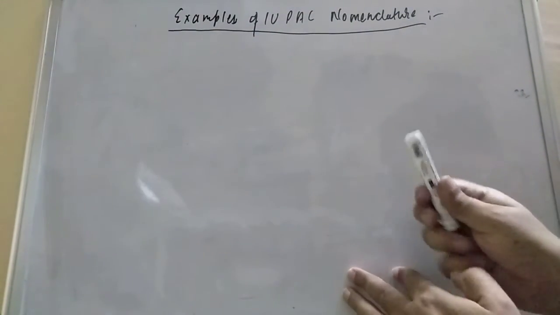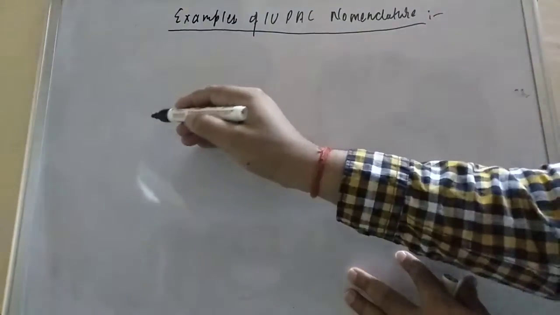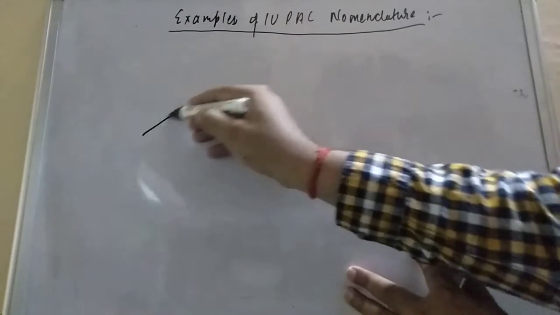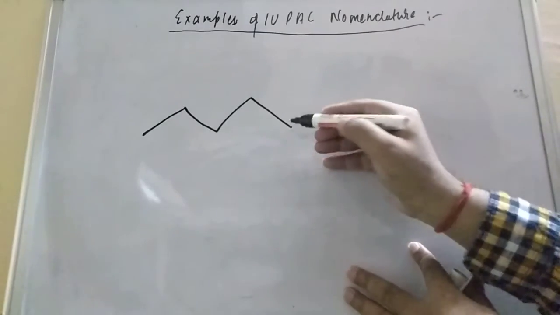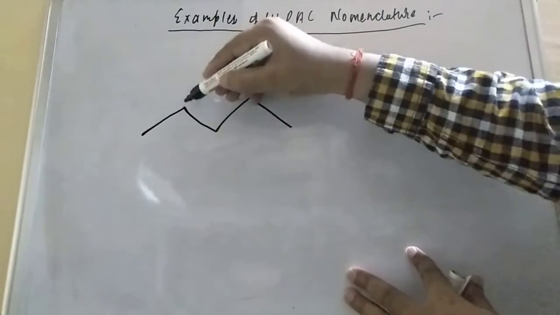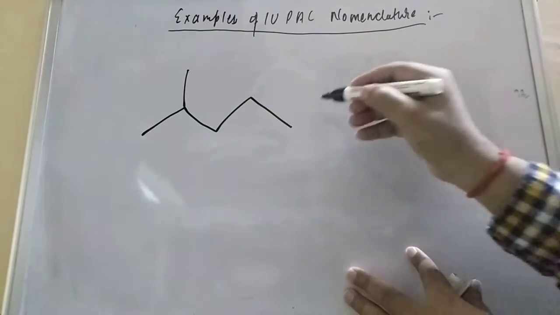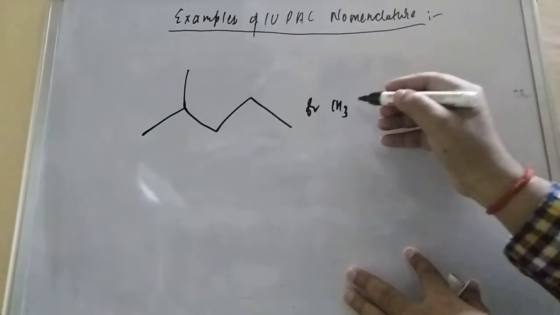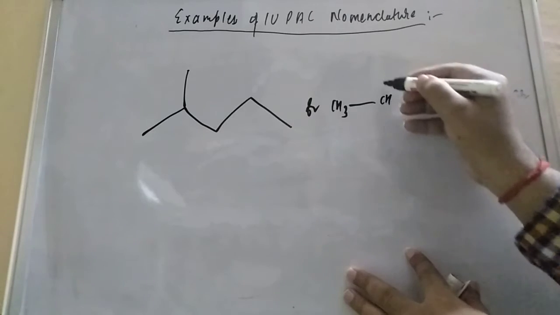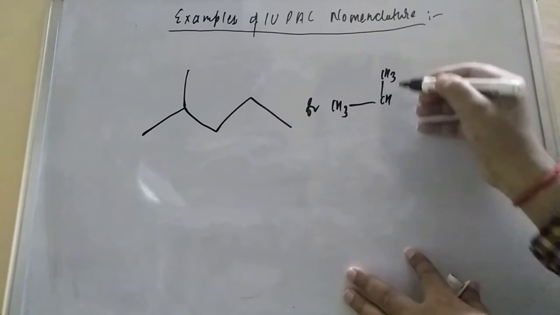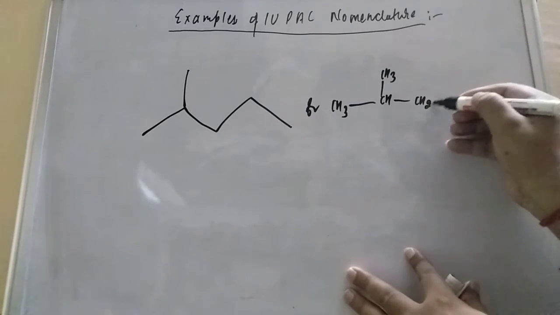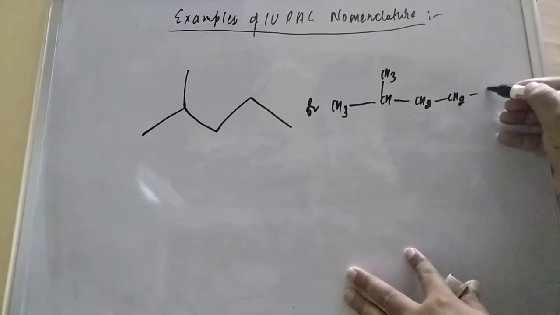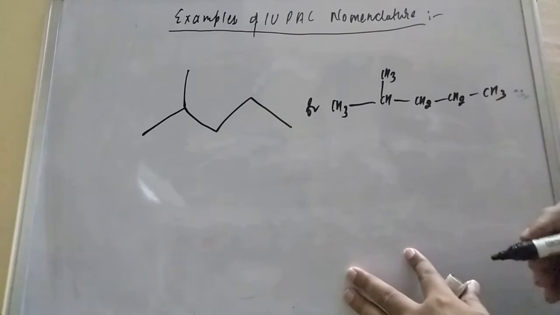Okay, the other example, a simple example I am giving you. Let us try to write the name of this compound. Here is the condensed formula: CH3, CH with a methyl group CH3, then CH2, again CH2, and finally CH3.